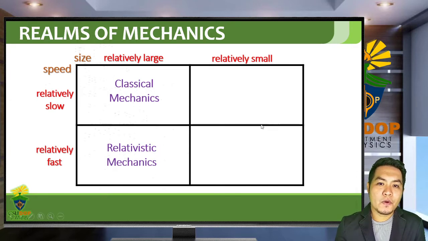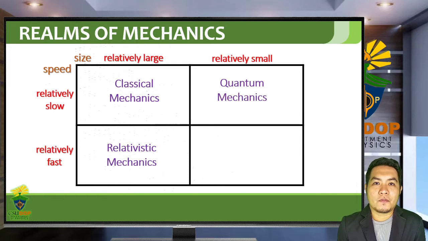Now, if you have relatively small objects such as photons or electrons, and they're moving very slowly compared to the speed of light, then that is the realm of quantum mechanics, and that is our course.